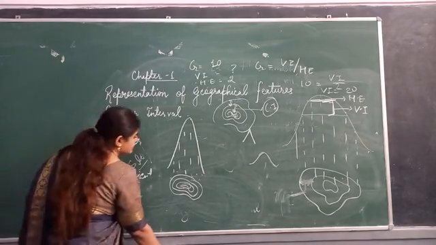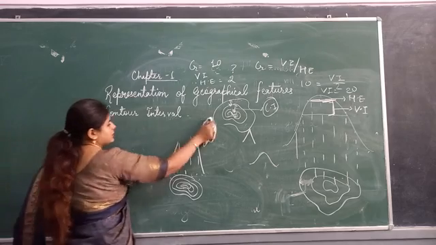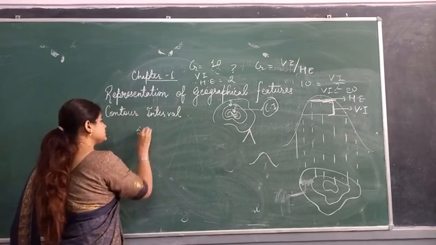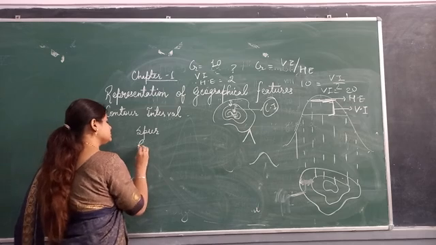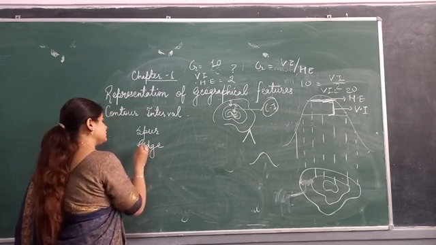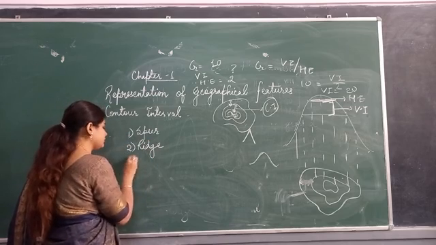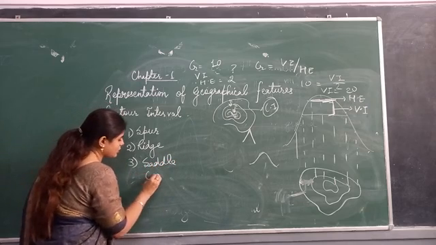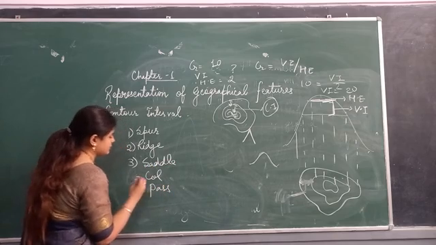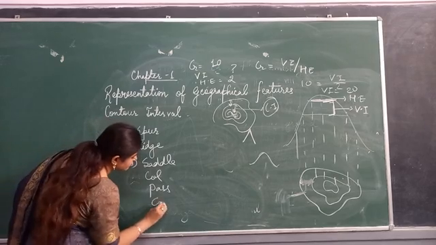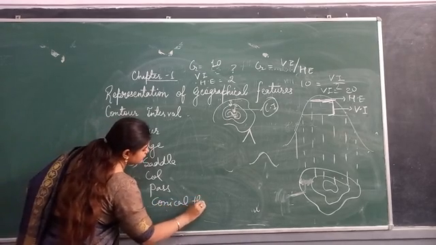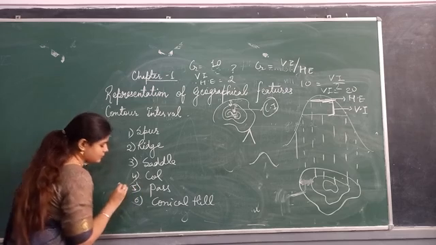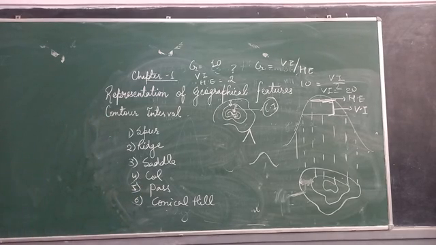We have various other landforms: ridge, then we have saddle, col, pass.